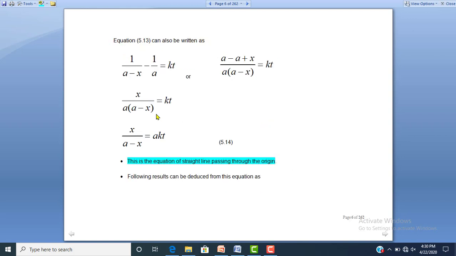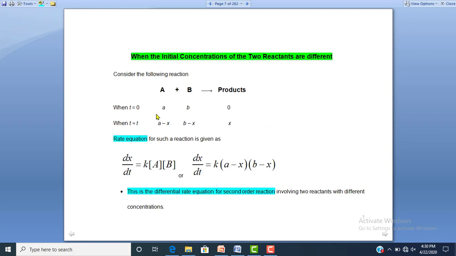Now, in the second part of this lecture, we will find the kinetics or rate constant of a second order reaction when the initial concentrations of the two reactants are different. For this purpose, consider the following reaction: reactant A reacts with reactant B to produce some products.